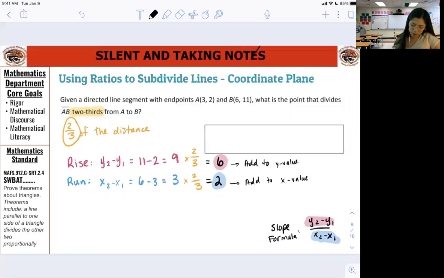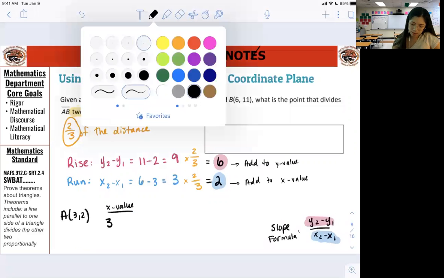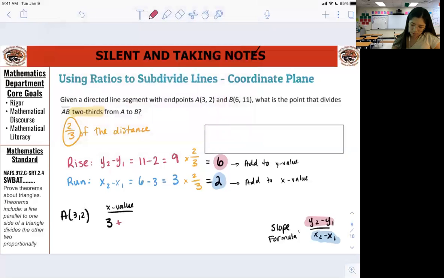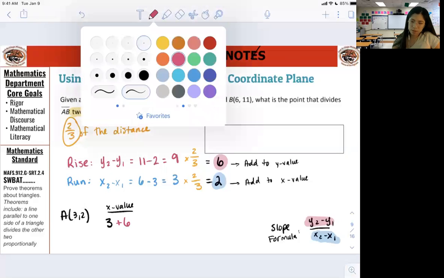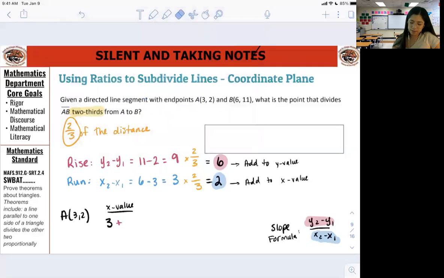So we started at point A, 3, 2. Let's add the x values. So it's 3 plus 6. Oh, you're right, not 6. Plus 2. See, yeah, I make mistakes on this all the time. That's why we got to be super organized. So 3 plus 2.